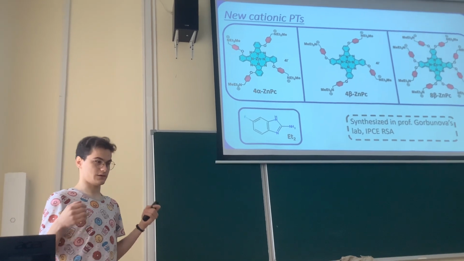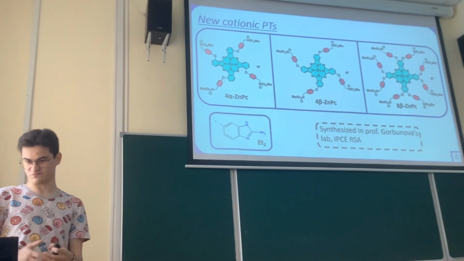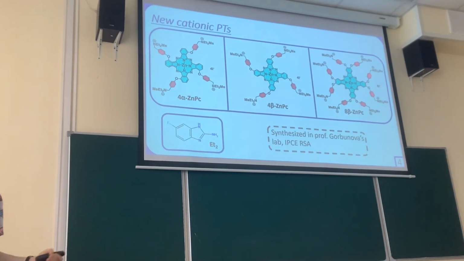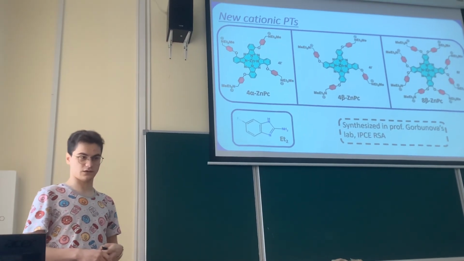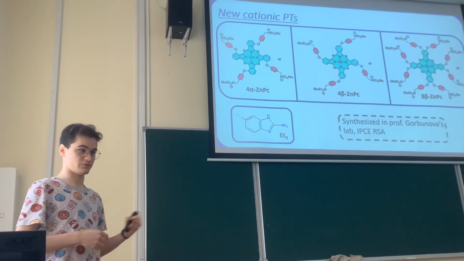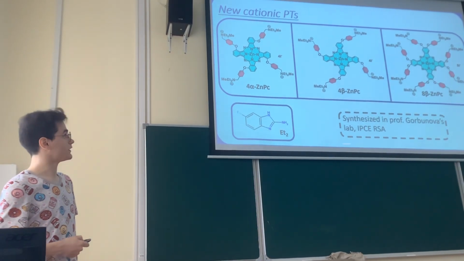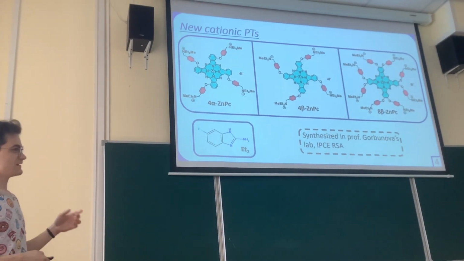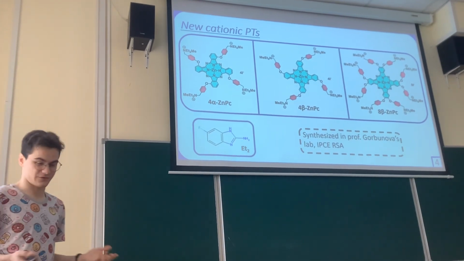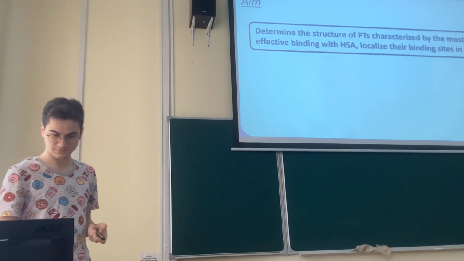In this work, new types of photosensitizers were studied. They were synthesized by our colleagues in the laboratory of Professor Gorbunova. They all have different structures, which affects their photochemical properties.